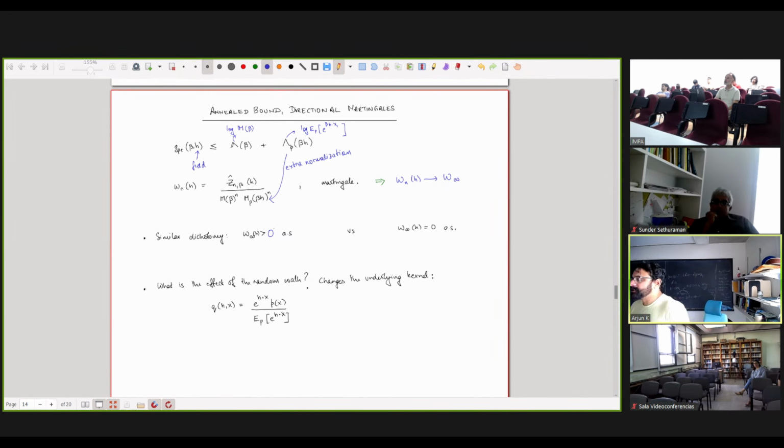As soon as you see this log moment generating function of the random walk, you can ask, what is the effect of the external field? And one can see it simply changes the kernel of the underlying random walk in the following way.